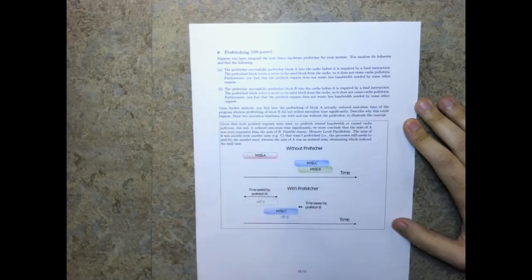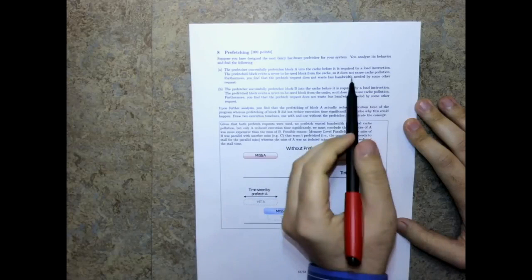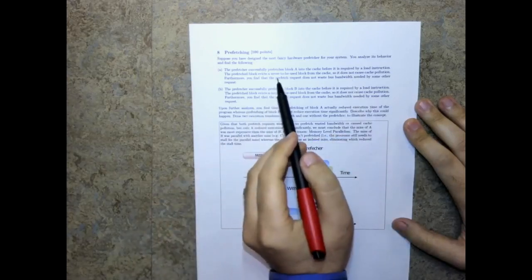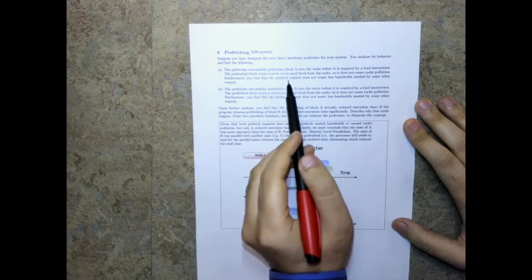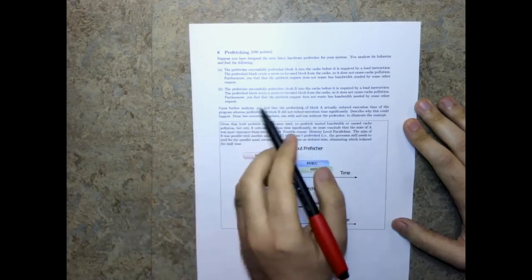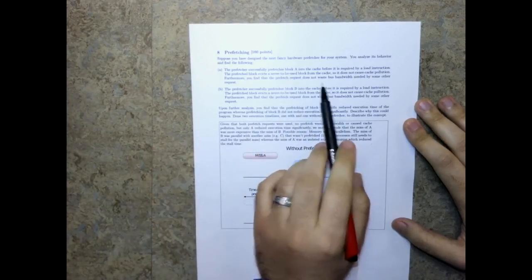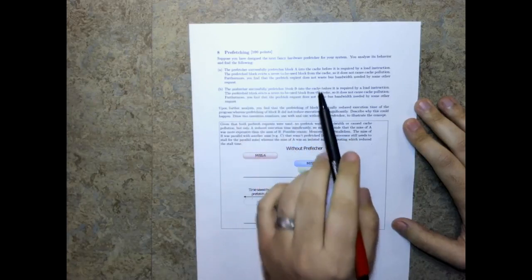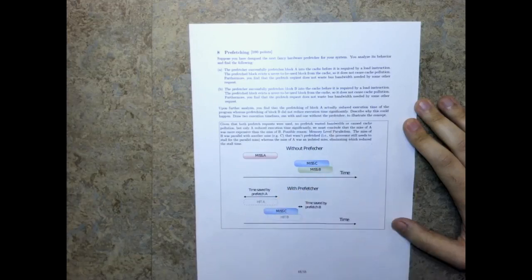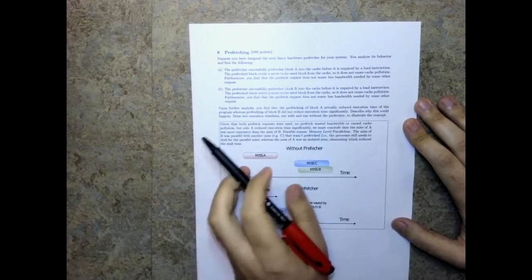And also, to prefetch block A, some block should be evicted from the cache to insert block A. But the good thing is that we evict a block that is never going to be used, which means a dead block in the cache. And actually, our prefetcher doesn't waste the bus bandwidth for another request. So it's a good prefetcher.